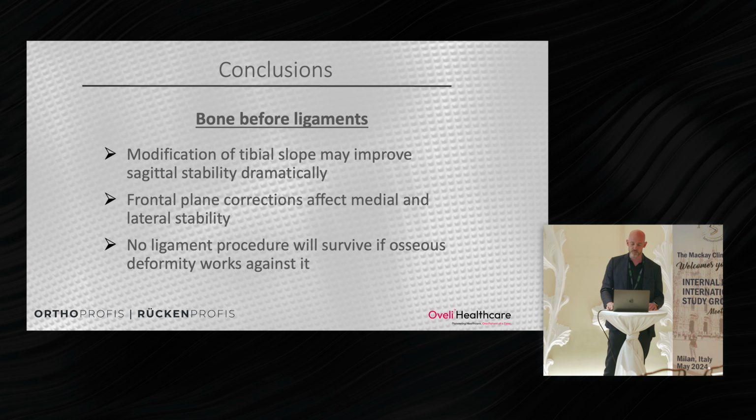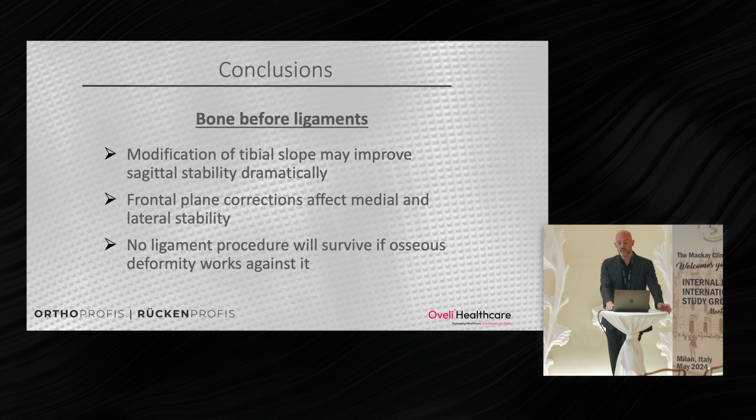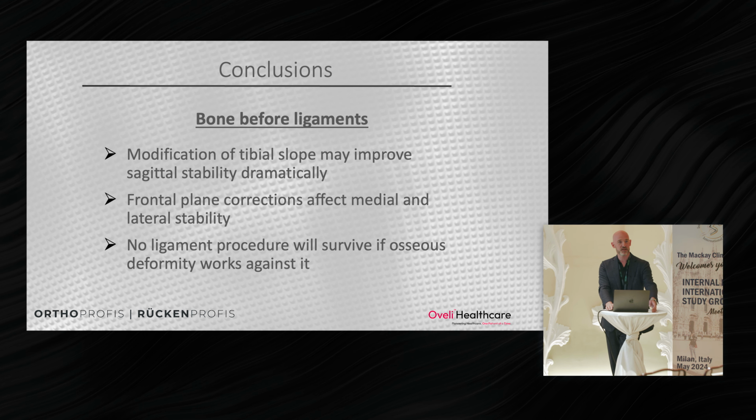So in conclusion, bone obviously rules and goes before ligament, and the modification of the tibial slope may improve the sagittal stability. Obviously it does it, sometimes intentionally, sometimes completely unintentionally. So be aware of this, that there may be a flaw inside.